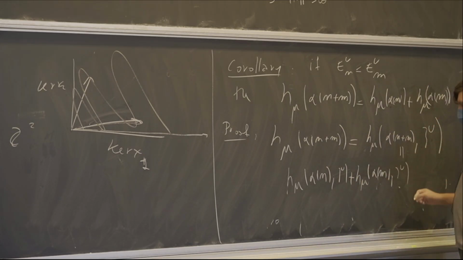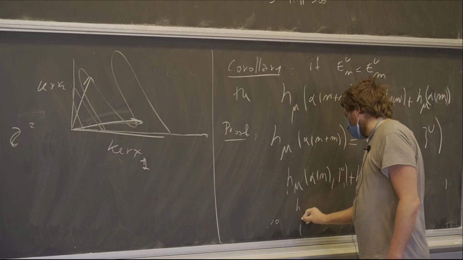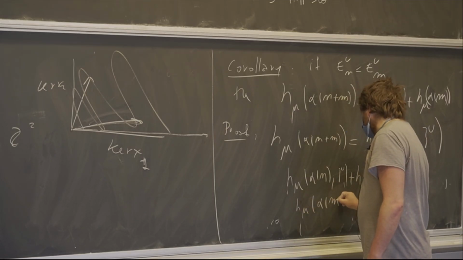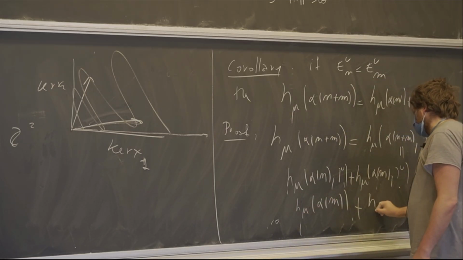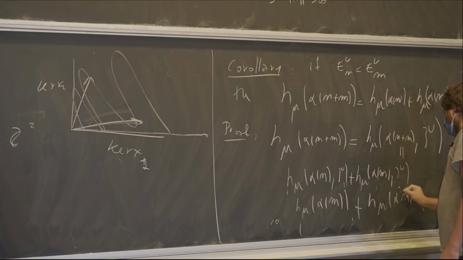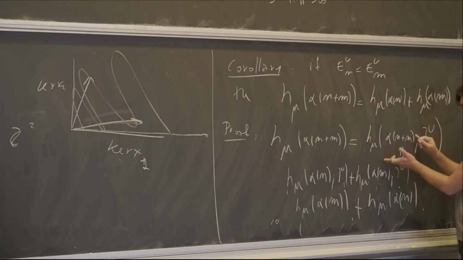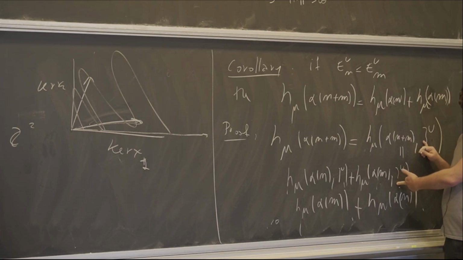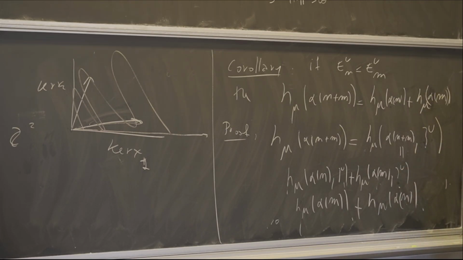And then again you apply the Ledrappier-Young and you get that this is this plus this, and this equality here just follows from the definition of entropy of an increasing partition.